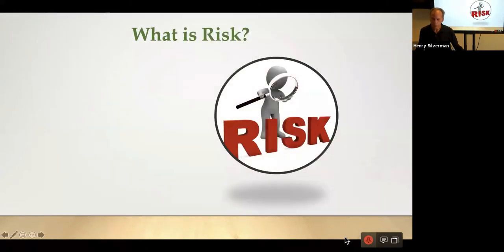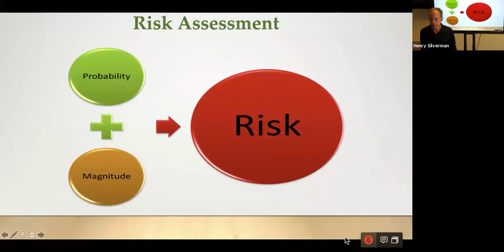So what is risk? How do we define risk? Well, very simply, risk entails a probability and also a magnitude.